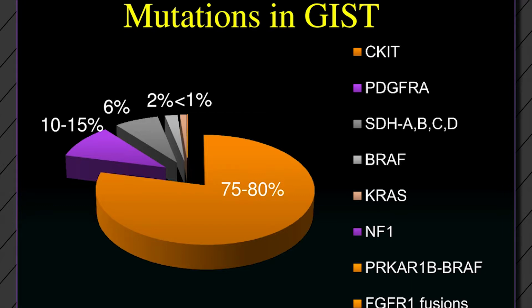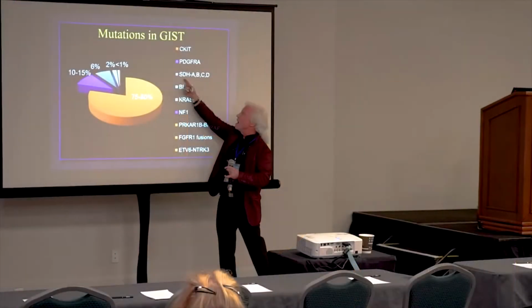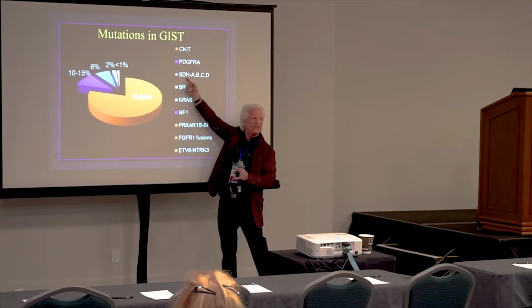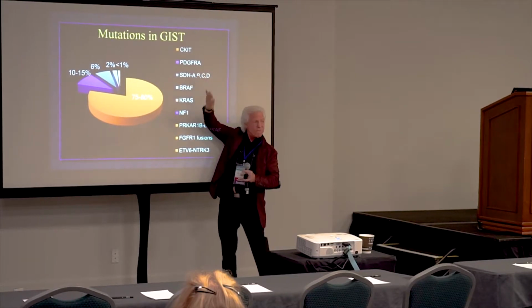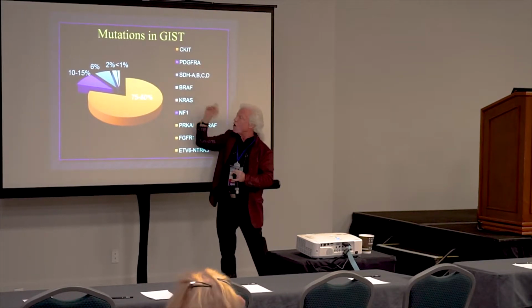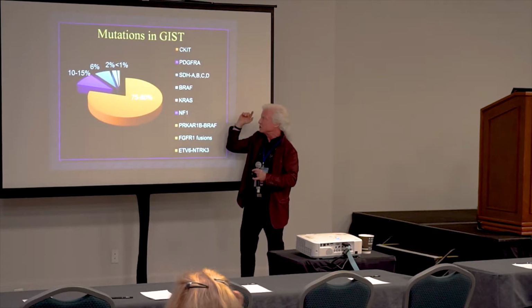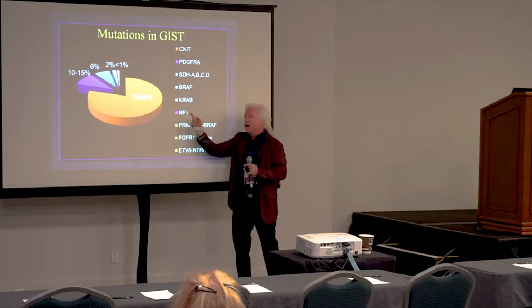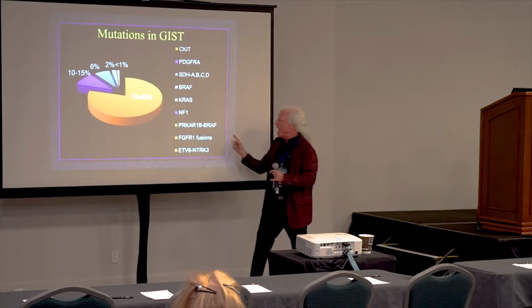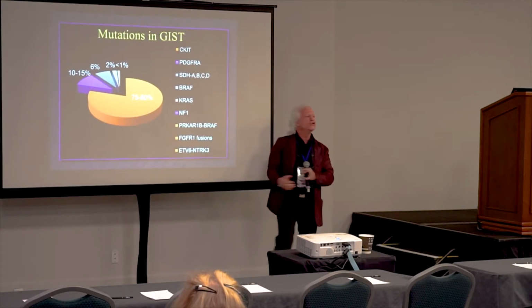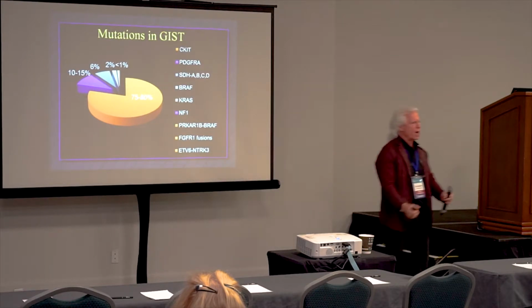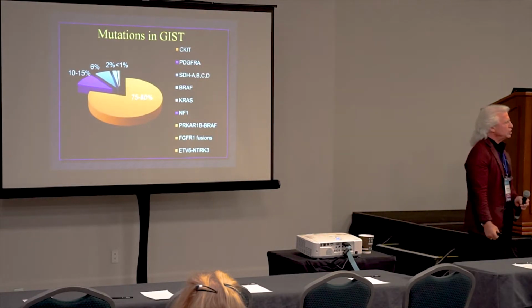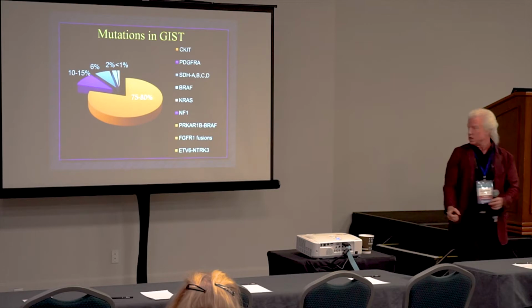We then have our next big group of the SDH deficient GIST, a different mechanism of causing the cell to be a cancer cell. Mutations in BRAF, KRAS, neurofibromin, and then we have these fusion genes which I talked about, many of them associated with translocations.